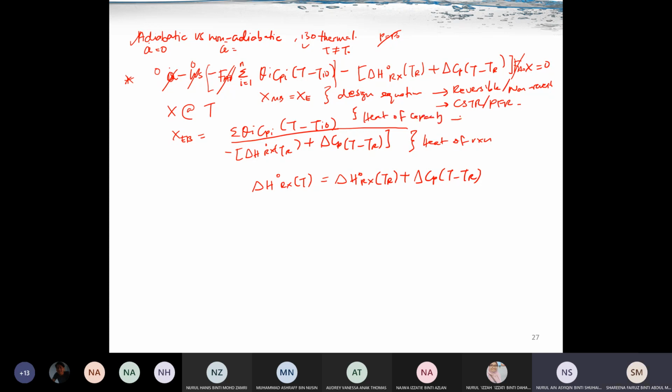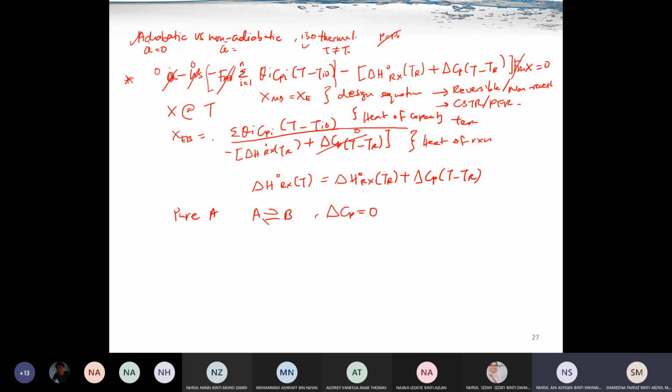For pure A, let's say the reaction involves A to B, pure A enters the reactor, so automatically this would be 0. So delta Cp is equal to 0, and you will have this one only.